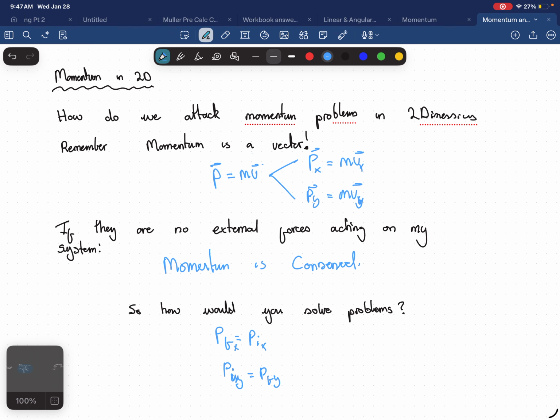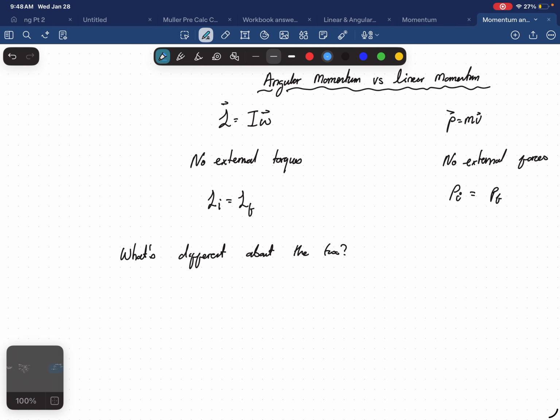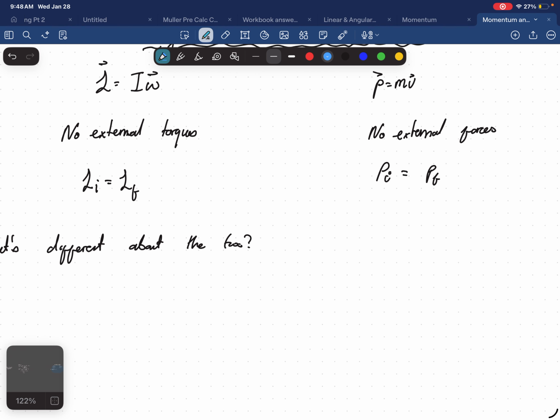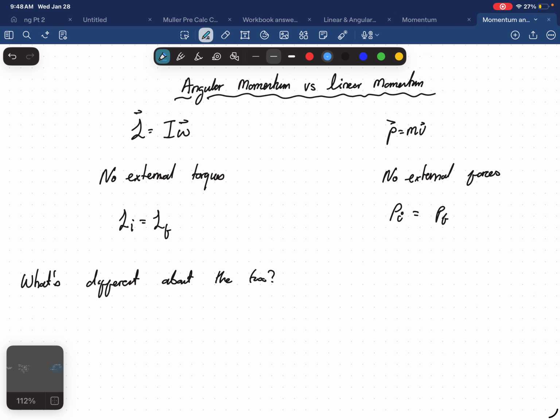The next concept I'd like to talk about is a comparison of angular momentum and linear momentum. They're pretty analogous.